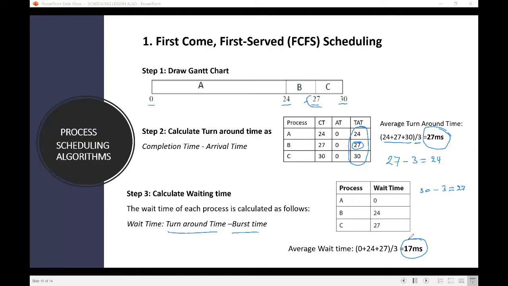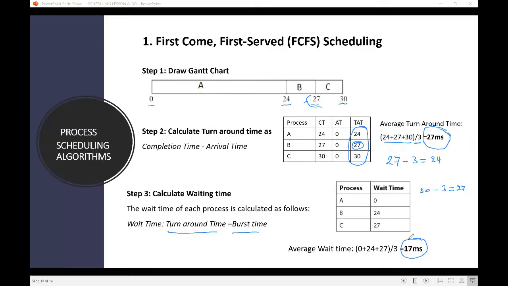So each process on average has spent 17 milliseconds waiting for execution. So this is how to perform first come, first served when the arrival time is the same.